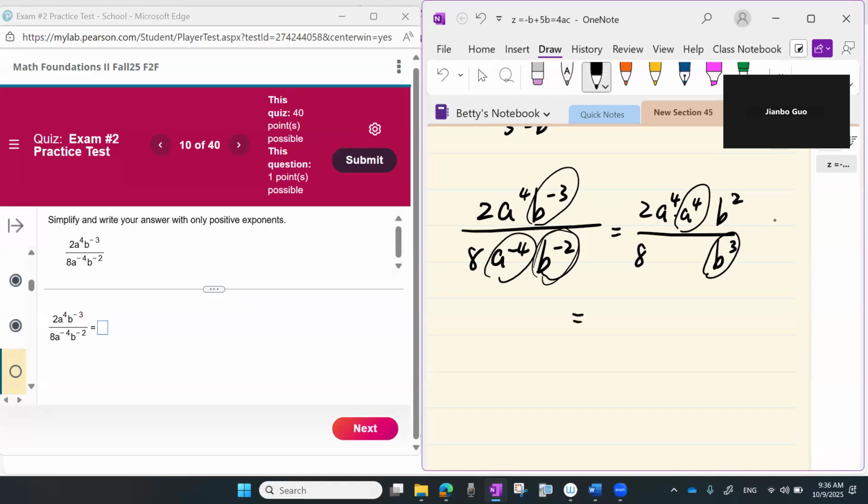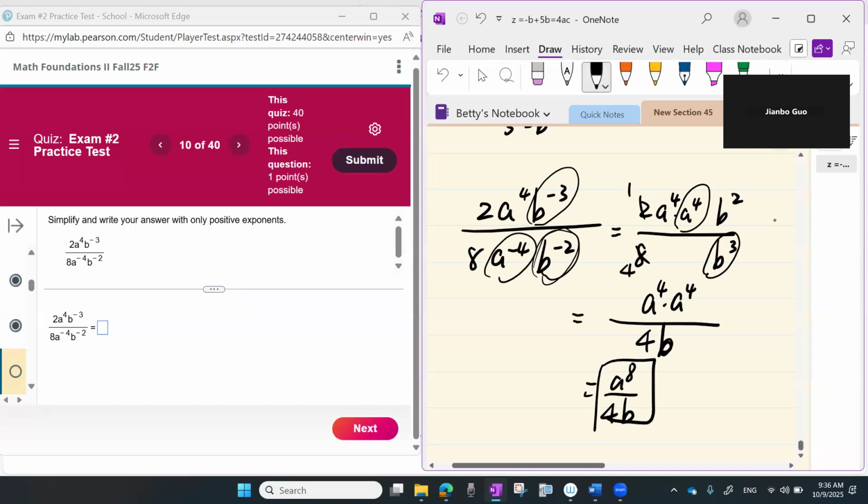So 2 over 8 becomes 1 over 4. And the numerator has 2 b's, the denominator has 3 b's, so that gives us 1 extra b in the denominator. And in the numerator, we have a to the power 4 times a to the power 4, and that is a to the power 8 over 4b.